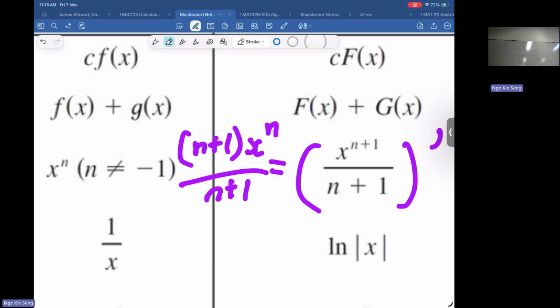Because if it is derivative, you bring down the power and then you subtract 1. So it's like the opposite of derivative. Does it make sense? Okay, it's really opposite. That's why we call it antiderivative.